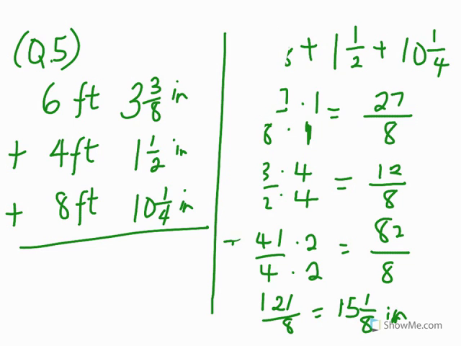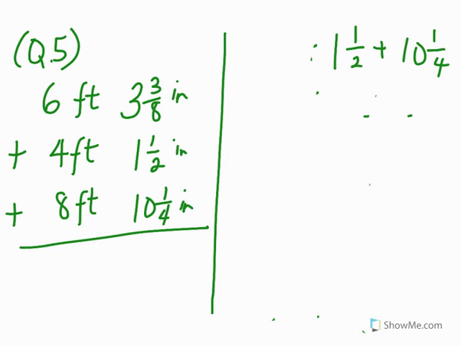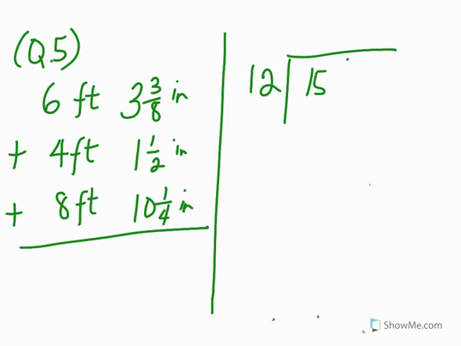okay, if I have to erase this, let me erase it and show you. Now, when we set it up and then divide 12 and 15 1/8, we have 1 as the quotient, and the remainder will be 3 1/8.